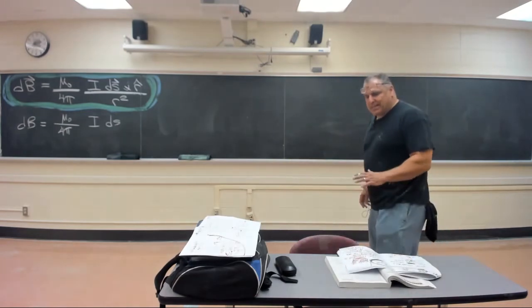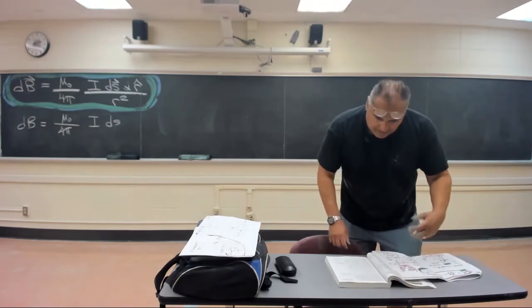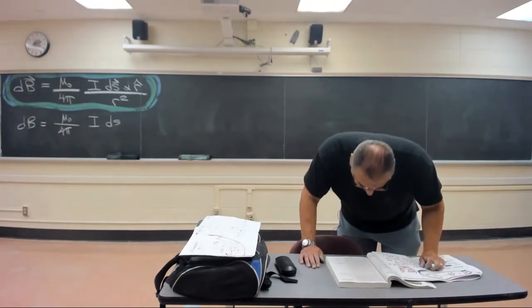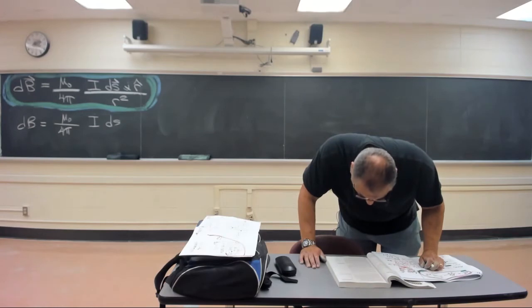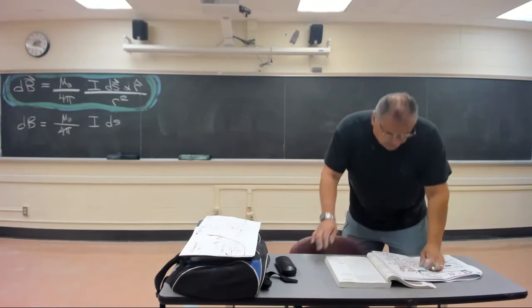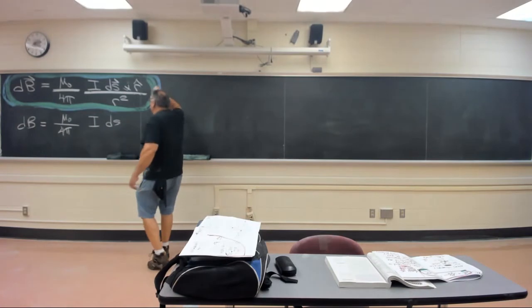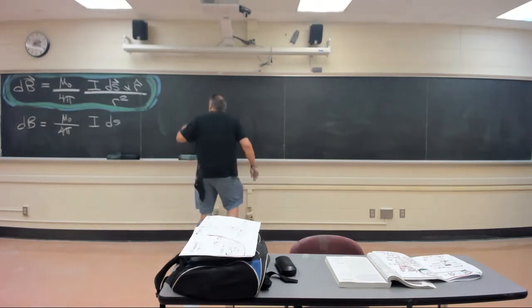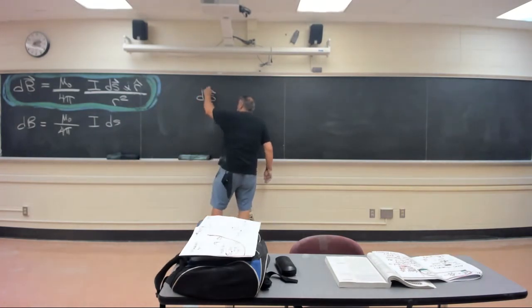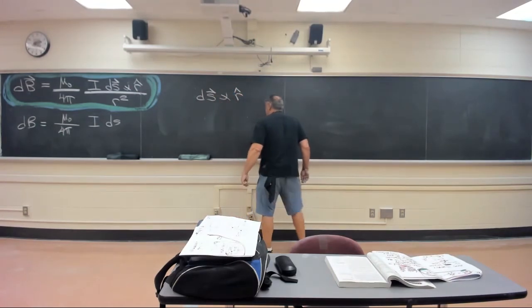Be careful. Halliday and Resnick definitely corrected me on that. I have no idea why I put it like that when it should have been a unit vector right here, you guys. So that's okay. What does it mean? Well, ds vector is very small, and r hat is a unit vector, so that's not very much of an issue.